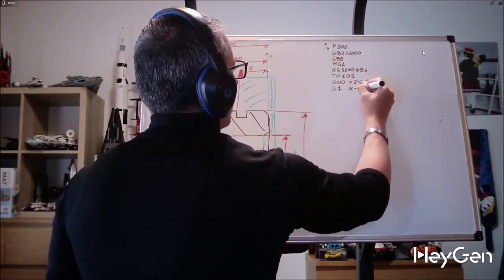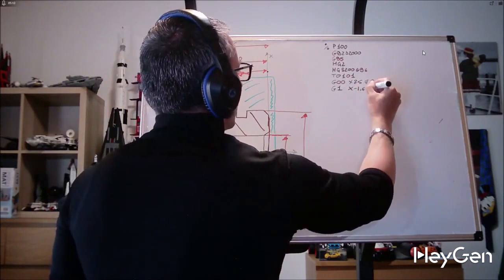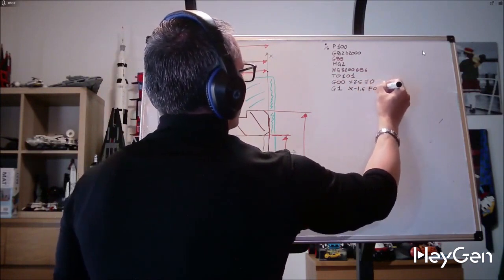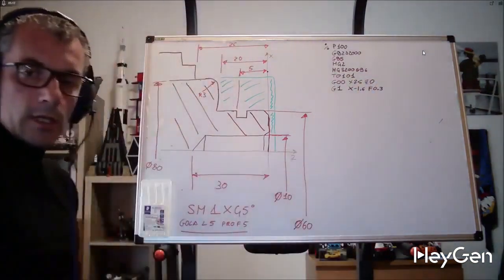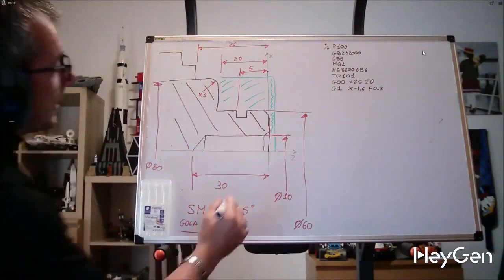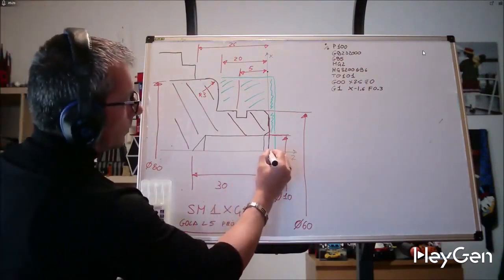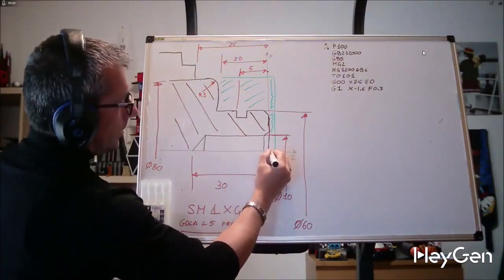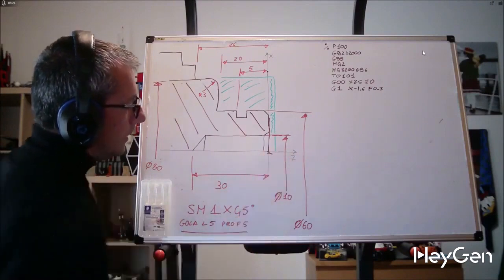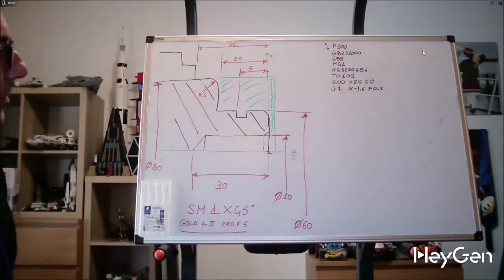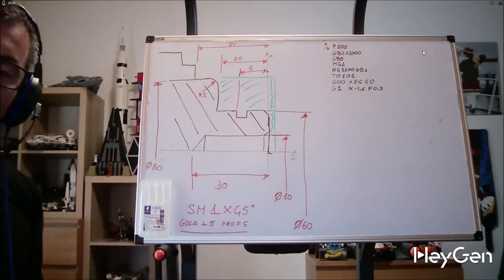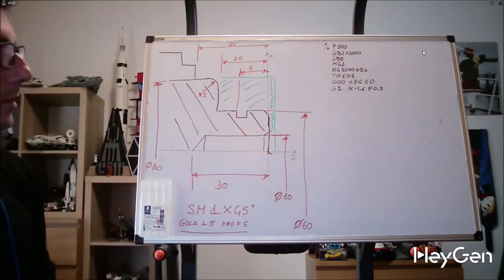Let's say I have a tool radius of 0.8, so minus 1.6, F0.3. This is definitely to get to this point, to correct the tool radius. Do not leave a small bevel, the tip. We have faced our piece.